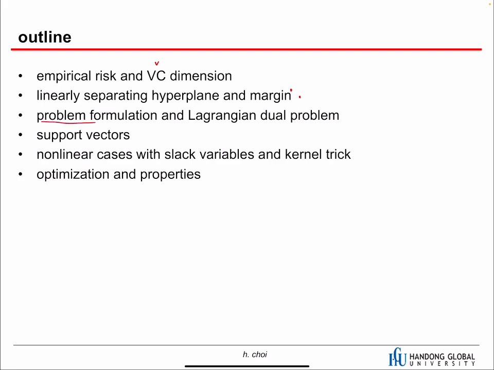We have a problem formulation, and since there are some constraints, we're going to use a Lagrangian multiplier, a Lagrangian function. Then the problem will be transformed to the Lagrangian dual problem, and finally we'll see support vectors. By this, we have the best kind of classifier when the data set is linearly separable.